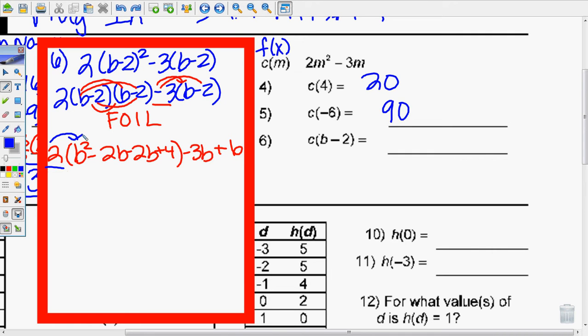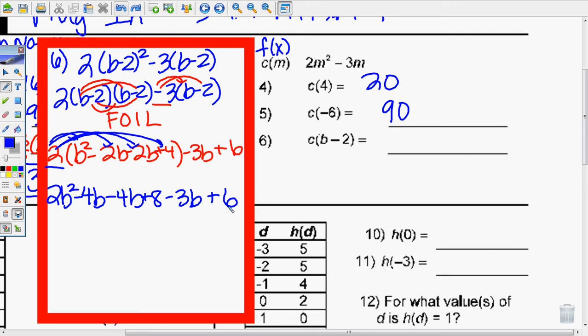What's 2 times b squared? 2b squared. 2 times negative 2b? Negative 4b. Again, another negative 4b. And 2 times 4? 8. And then plus 6.